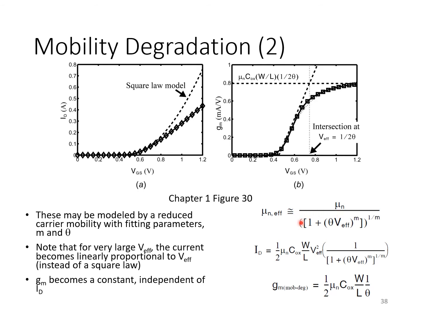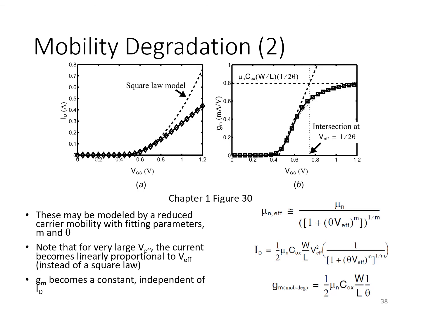But then there's this denominator term that is greater than 1 and increases with increasing V effective, that causes the effective mobility to decrease below its nominal value for large values of V effective. And there are essentially two fitting parameters here that allow us to properly model this effect, theta and m.